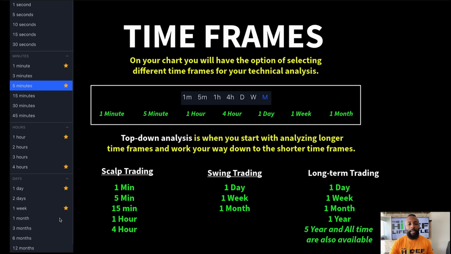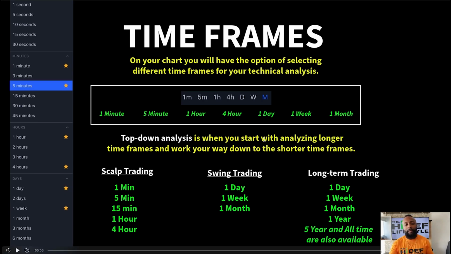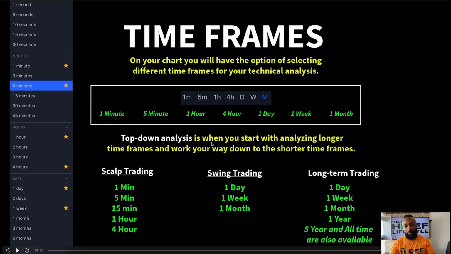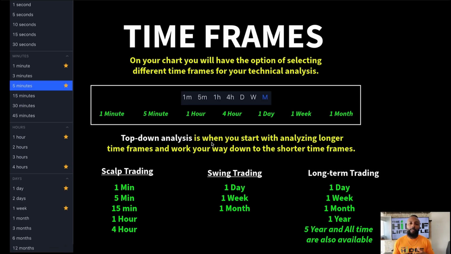Okay, and we talk about top-down analysis in the trading world. Top-down analysis is when you start with a larger time frame and then you work your way down as you analyze that stock's chart. So let's say, for example, you're looking at Tesla. You're not going to start at the 5 minute time frame.